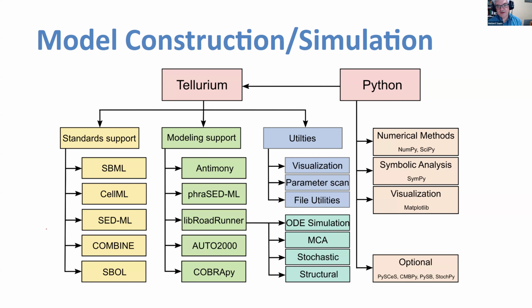So if you use NumPy, Matplotlib, SciPy, SymPy, any other tool that you like in Python, you can use those as well. So it's a great ecosystem to work in. And if you don't know Python and you want to be a computational biologist, I highly recommend you pick up at least a little bit of Python because it'll really help a lot with your work.